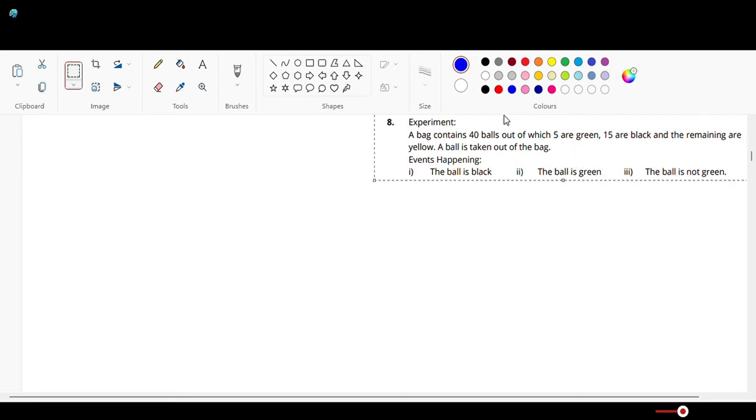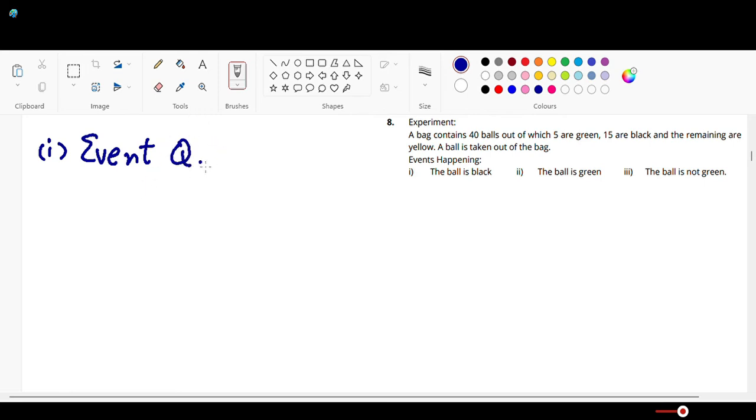Okay, so event number 1. Let's choose a good color. We haven't used this one. So event number 1, I'll name it event Q, equal to black.